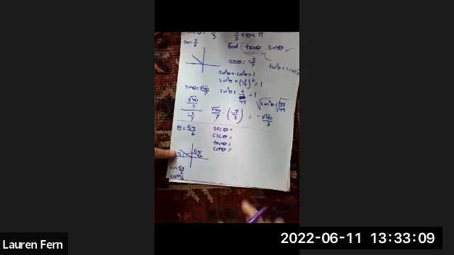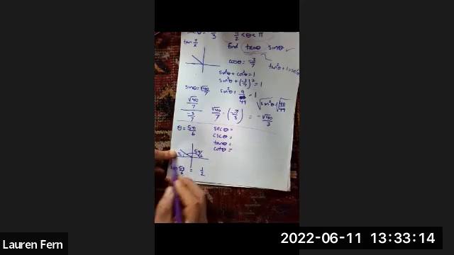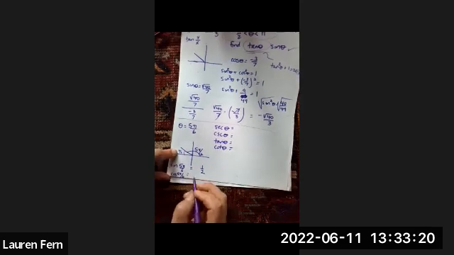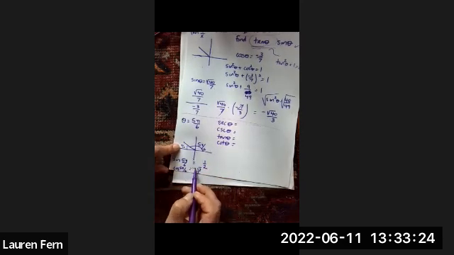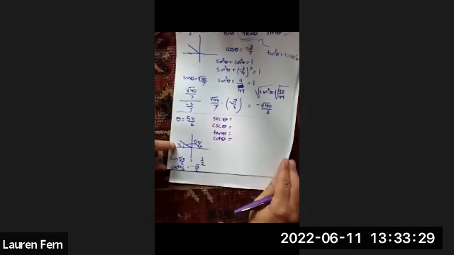I know that my sine of pi over 6 is 1/2. And my sine is positive in my second quadrant. I know that my cosine of pi over 6 is √3 over 2. But notice I'm in my second quadrant and my x value is negative, so my cosine is negative.